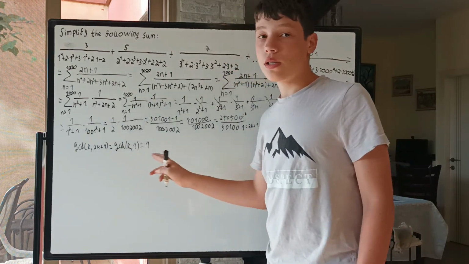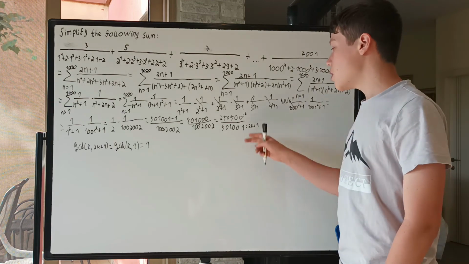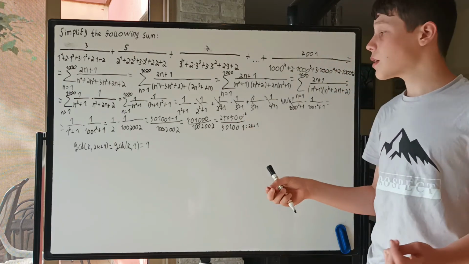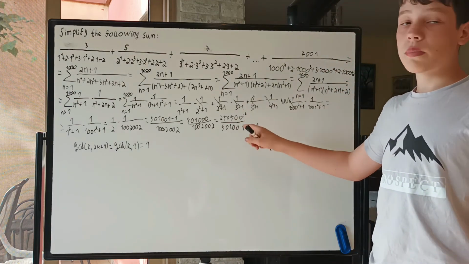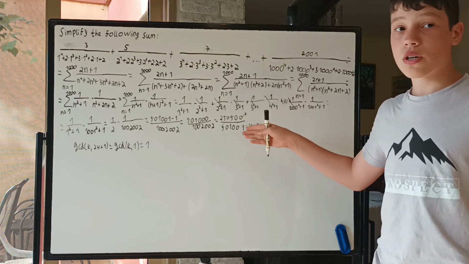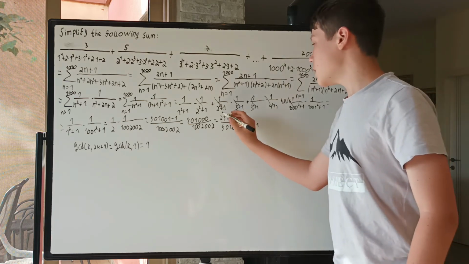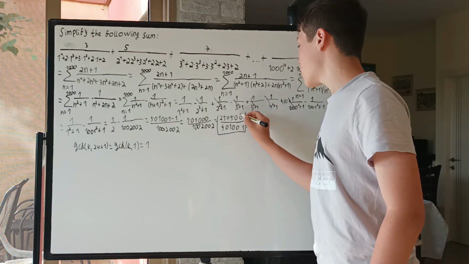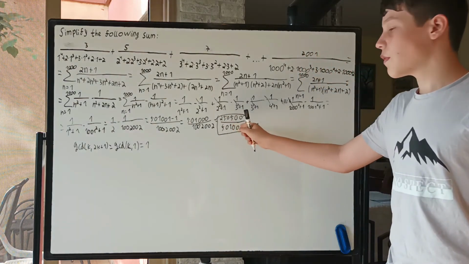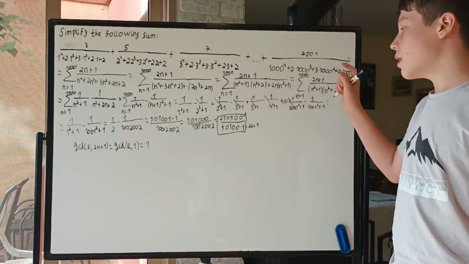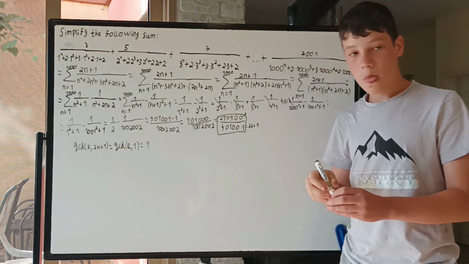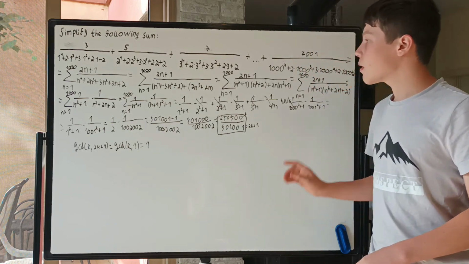So indeed k and 2k plus 1 are co-prime. So these are co-prime, they don't share a common factor. So we can't simplify this fraction any more than we already did. Meaning that this is our final solution: 250,500 divided by 501,001.